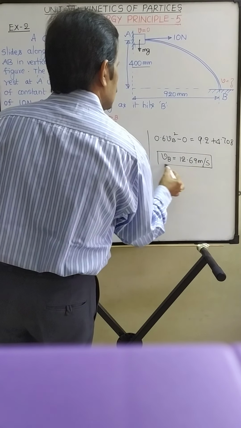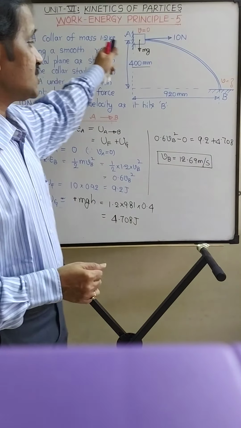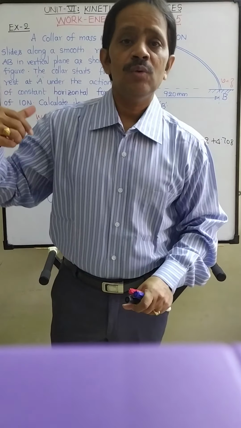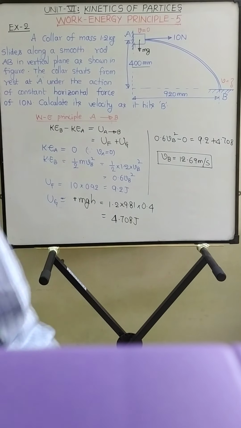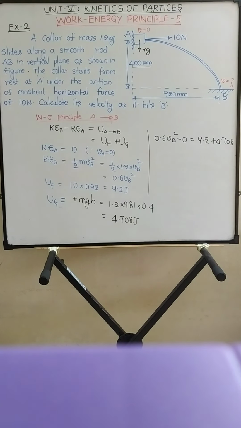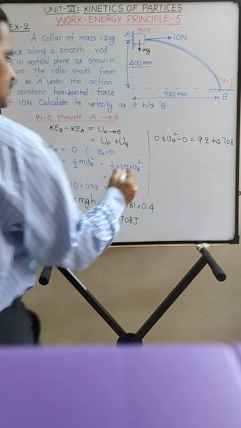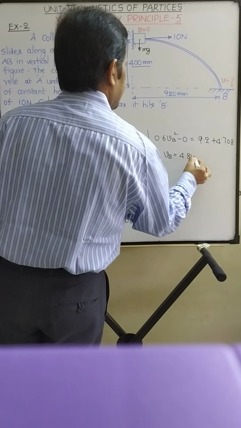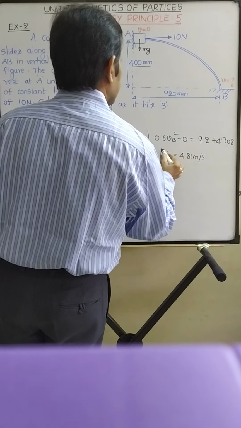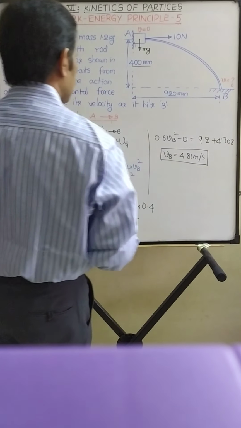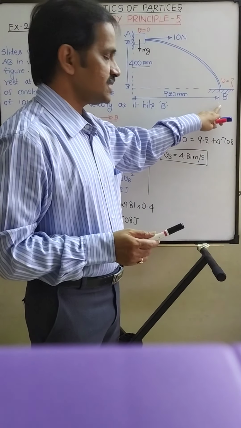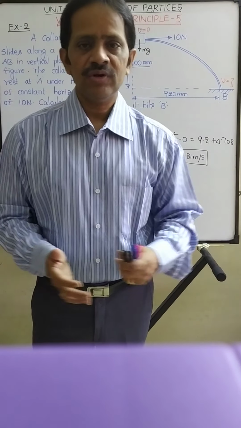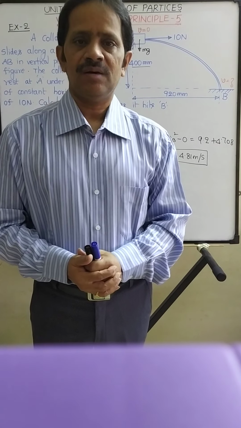So this is the velocity of the collar as it strikes the point B. Understood? So let us solve one more example. So VB is equal to 4.81 meters per second. So this is the velocity of the collar when it hits the point B. So this is our final answer. Okay. So we'll solve one more example.